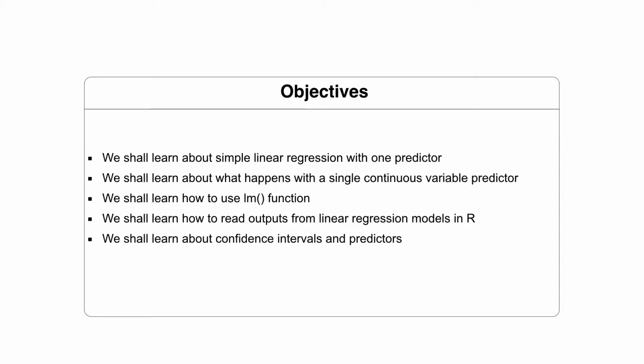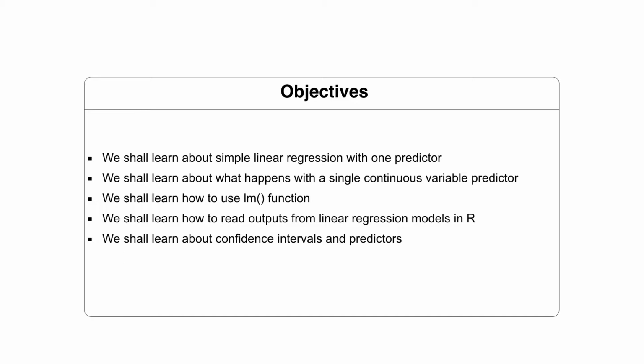And both these variables, that is the outcome variable as well as the predictor variable, these are continuously distributed variables. So these are all continuous variables. So we shall learn about what happens when you use a single continuous variable as a predictor.